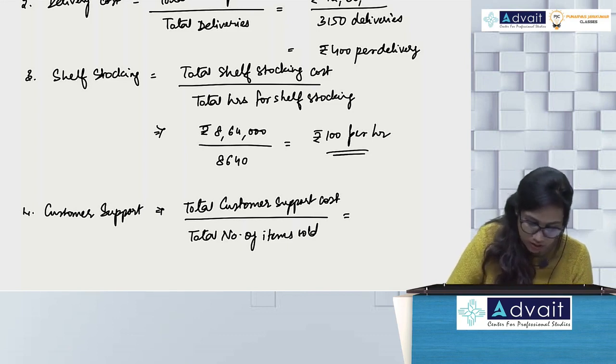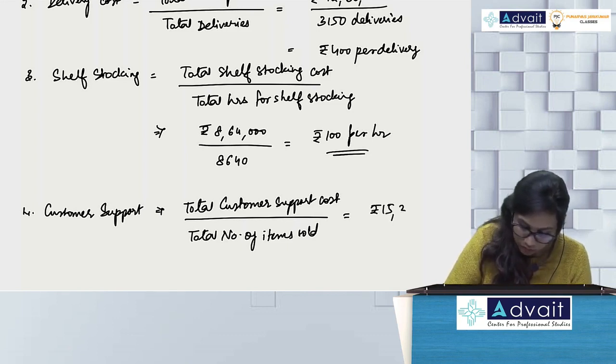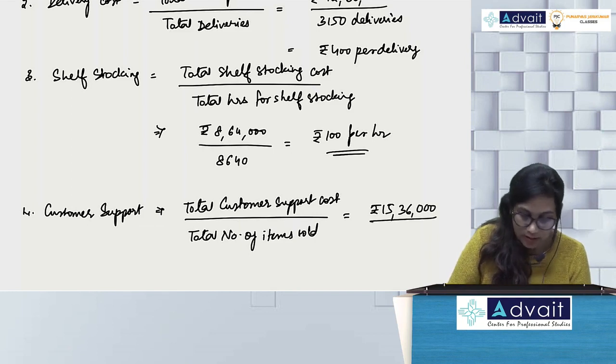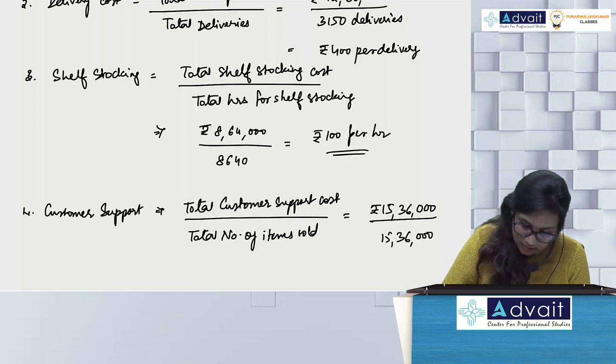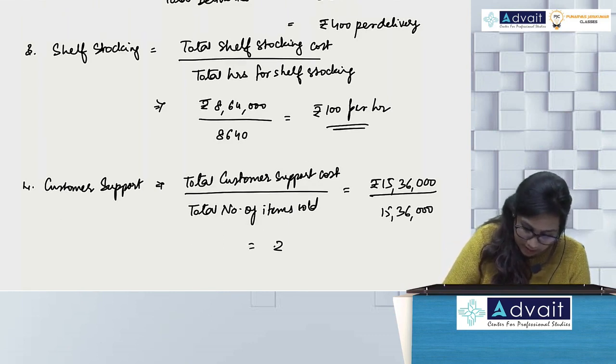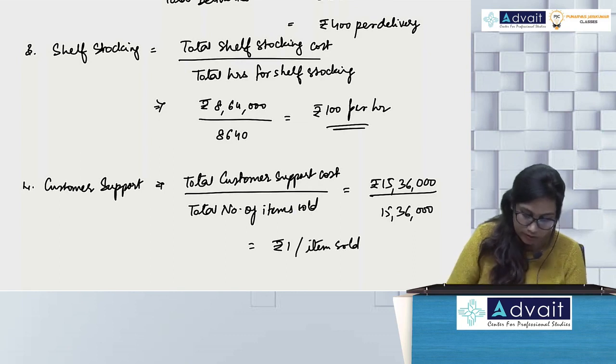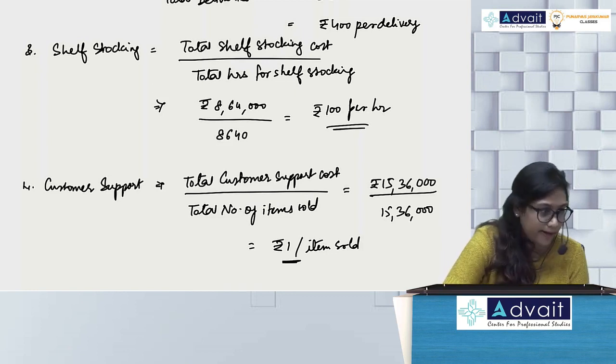So what is the cost? 15,36,000, and the number of items sold were also 15,36,000. So how much did we get? ₹1 per item sold.